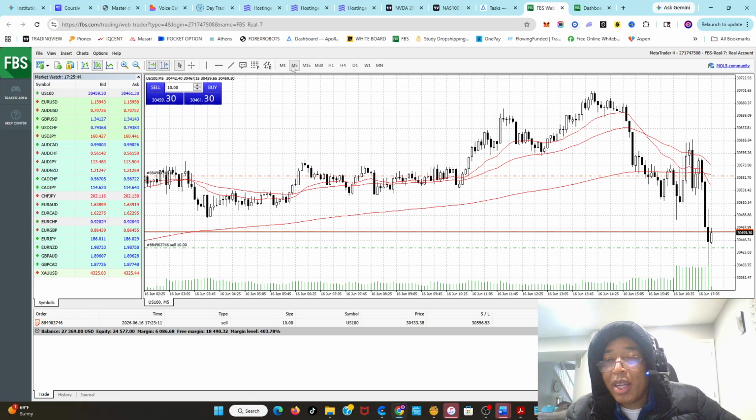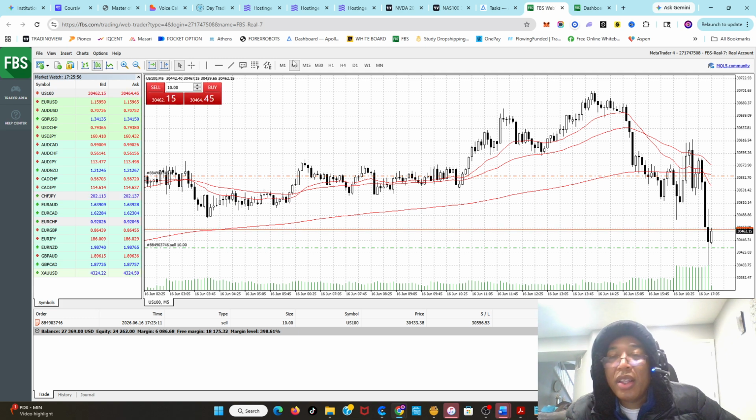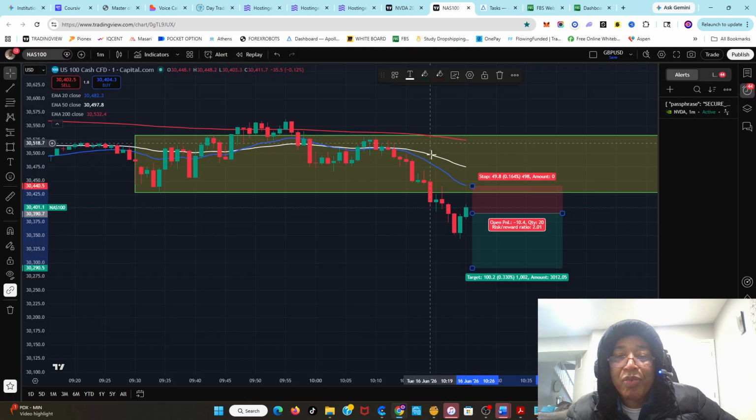Yeah, it's pulling back now. That is done with the breakout. It's pulling back to our territory here.